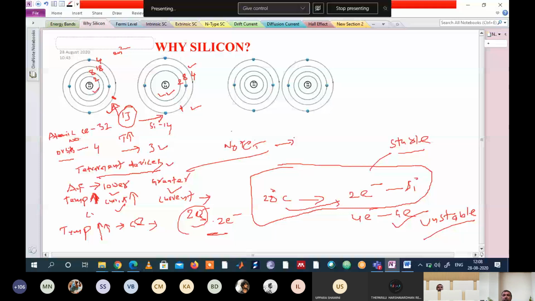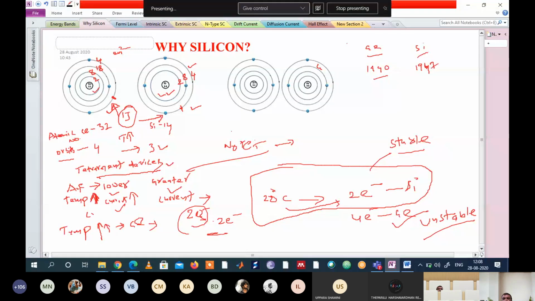But if you consider deep into germanium and silicon, germanium was introduced in the 1940s, whereas silicon was introduced in the year 1947.